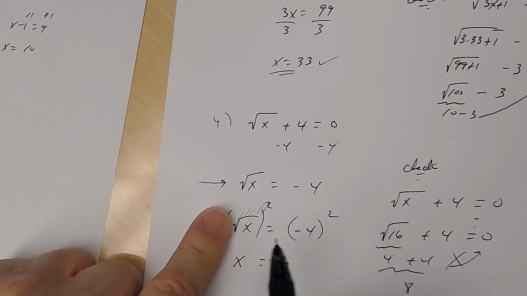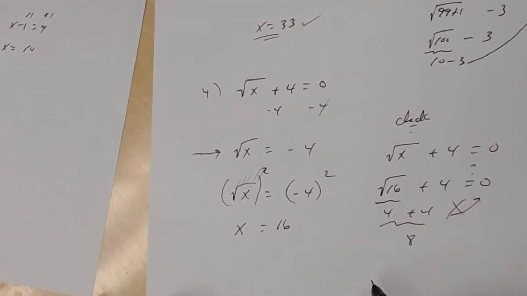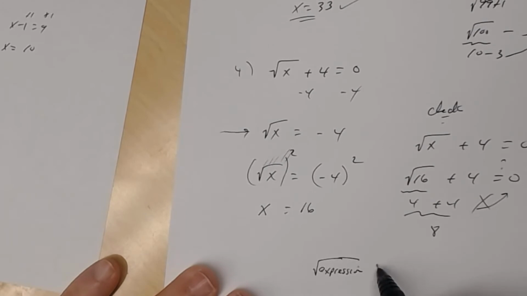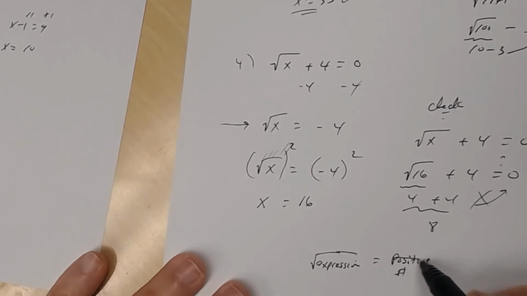It's always going to be positive. So one of the things you got to remember is that if you have the square root of an expression, and that's equal to a negative number, you're going to say no solution.